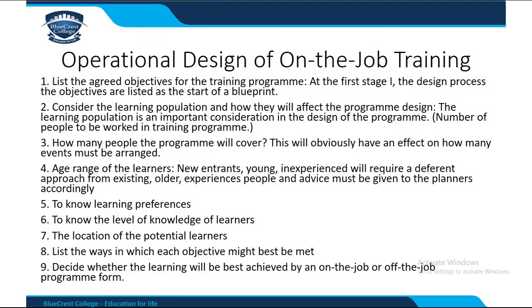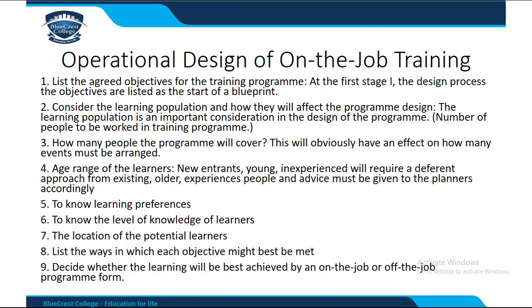You also need to consider the learning population or the employees and how they will affect the program design. So you should know the number of people trained for that particular period, how long they will be training for, what kind of people they are, the level of employees you are going to train. So you need to know the learning population and how they will affect the design.